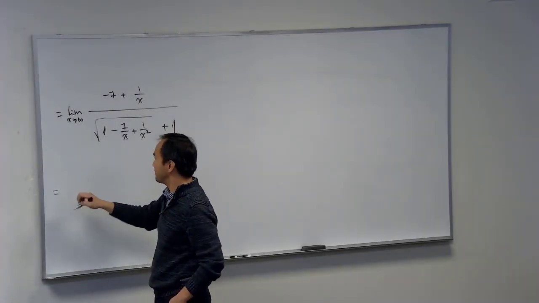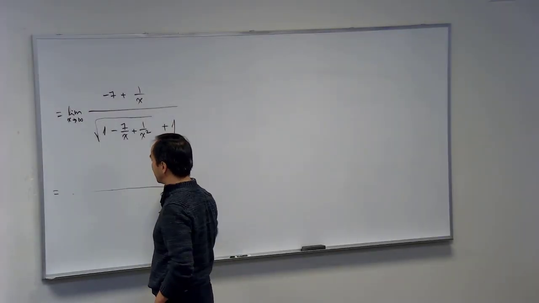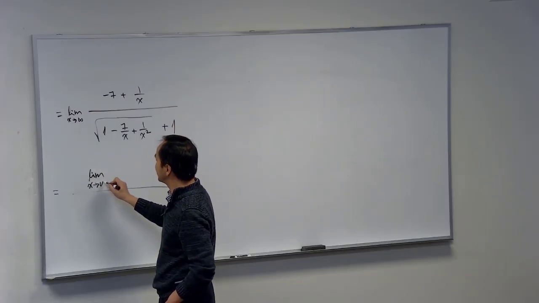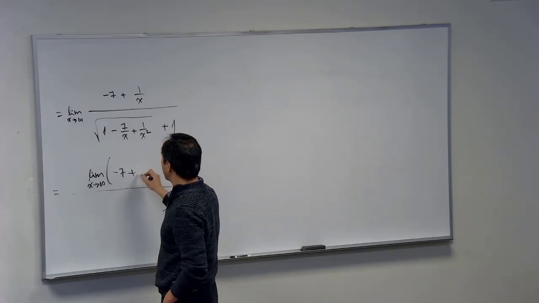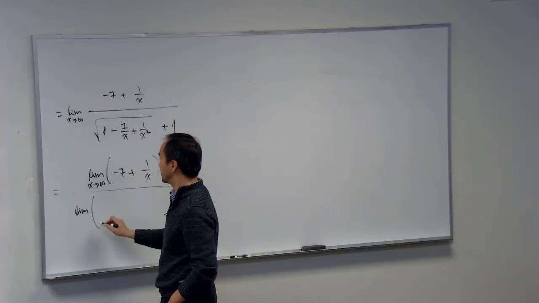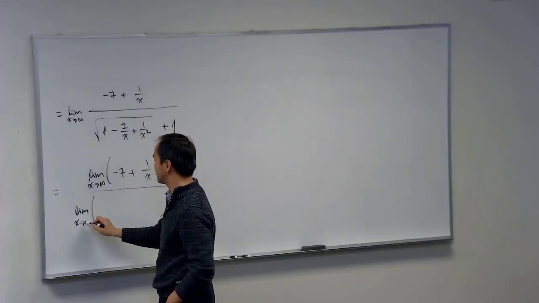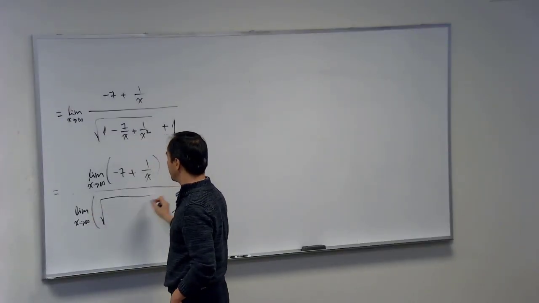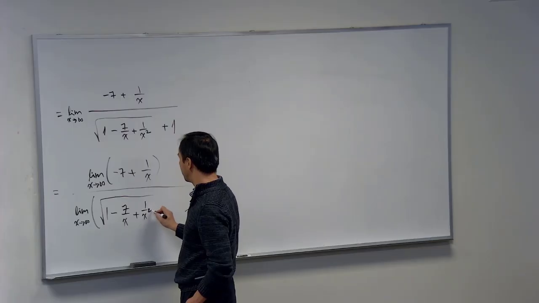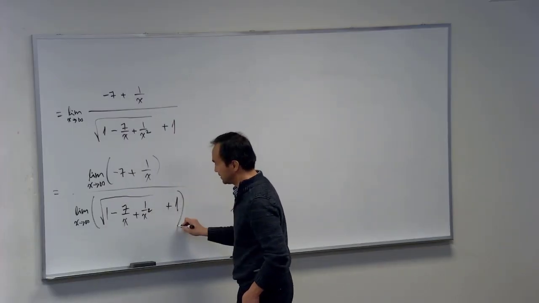So now we are ready for distributing the limits here. Basic limit law says you are allowed to do one separate limit on top, right? For the negative 7 plus 1 over x. Okay? And then you can do one separate limit for the denominator on the square root of 1 minus 7 over x plus 1 over x squared plus 1.